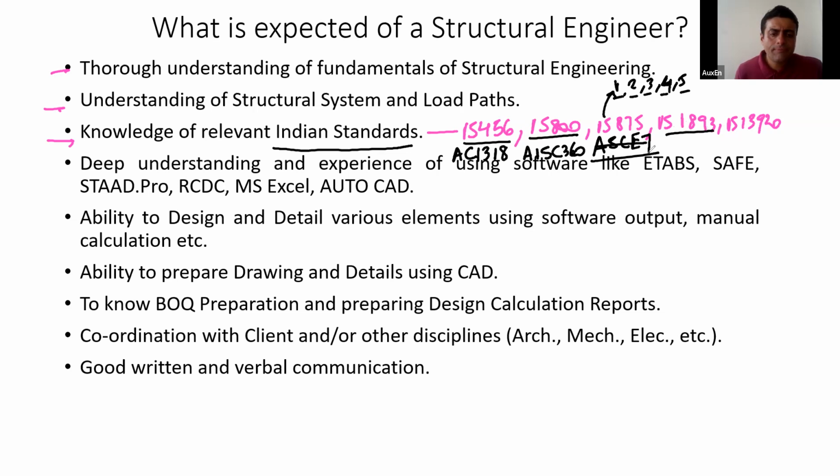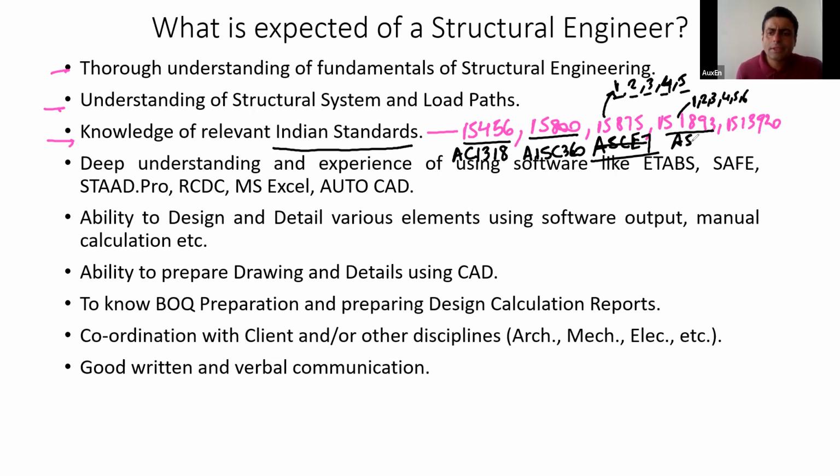IS 1893 is for seismic load calculations and seismic load application. How many parts does 1893 have? It has 5 parts right now, and there is a draft out for the 6th part also.